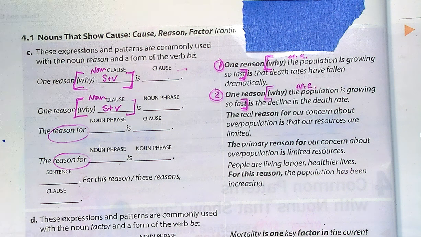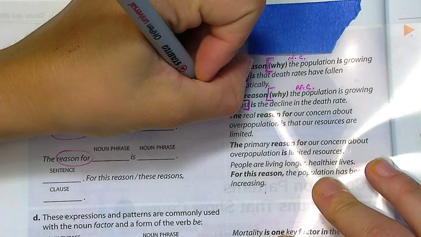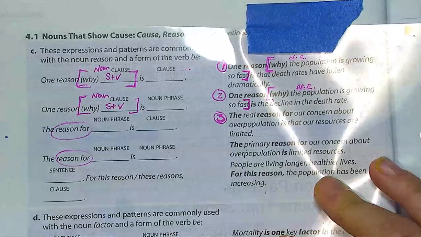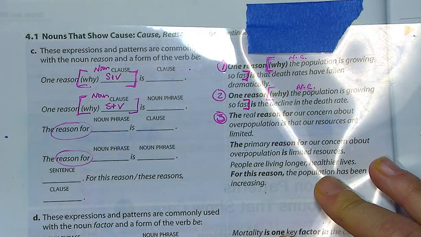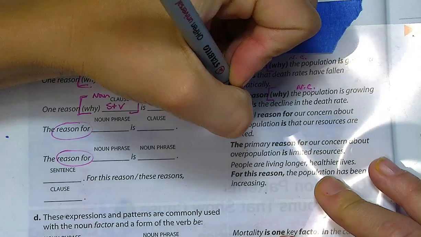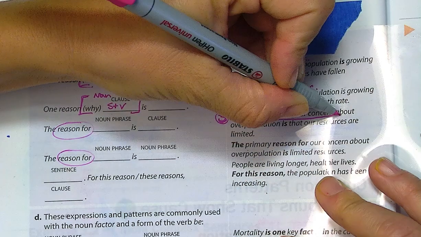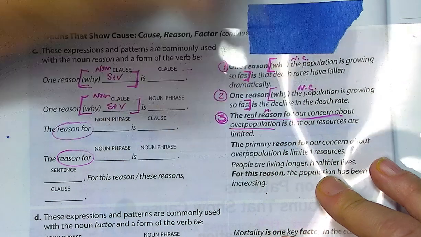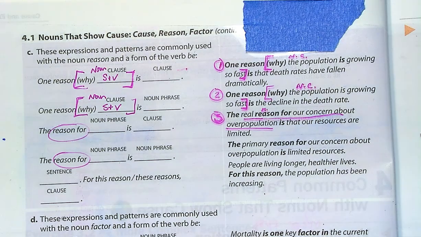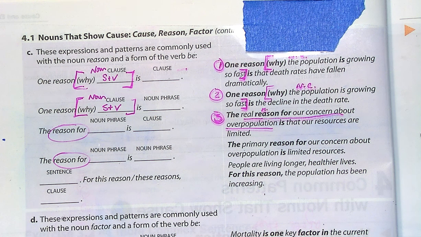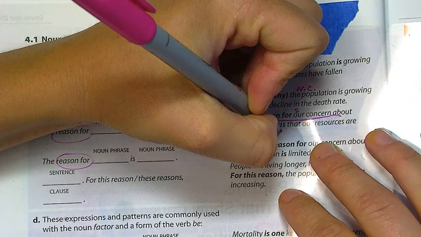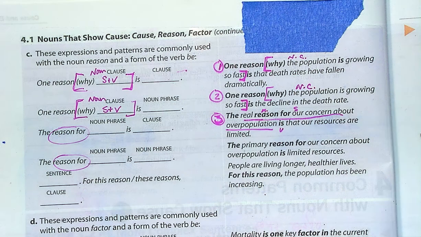If we look at example number 3, the real reason for our concern about overpopulation is, so here we've got reason for our concern about overpopulation. This whole thing is a noun. It's part of our noun phrase. It gives us more information about the type of reason or the specific reason. And this whole thing is working as our subject for this verb is.